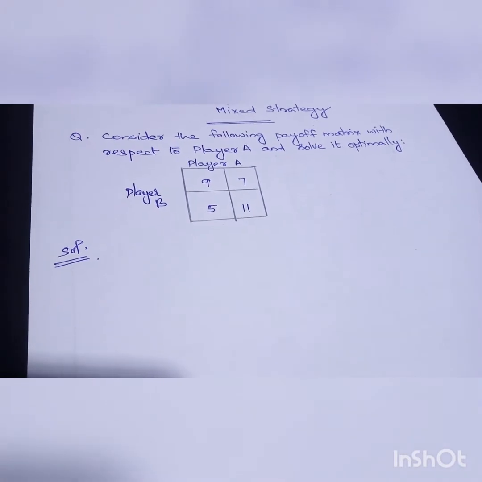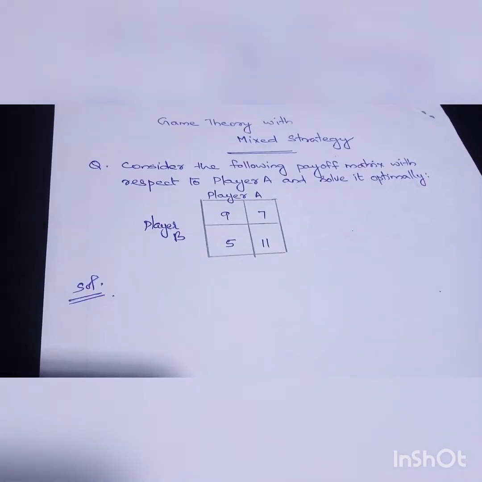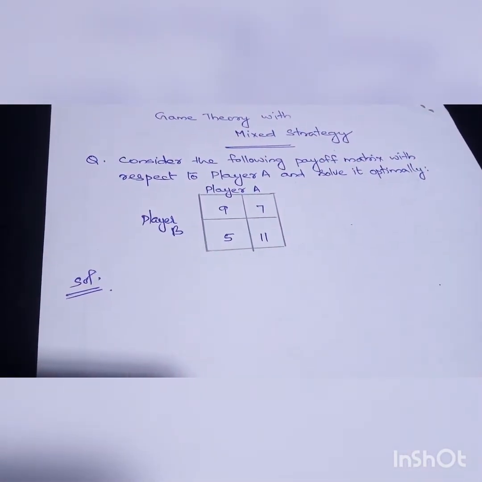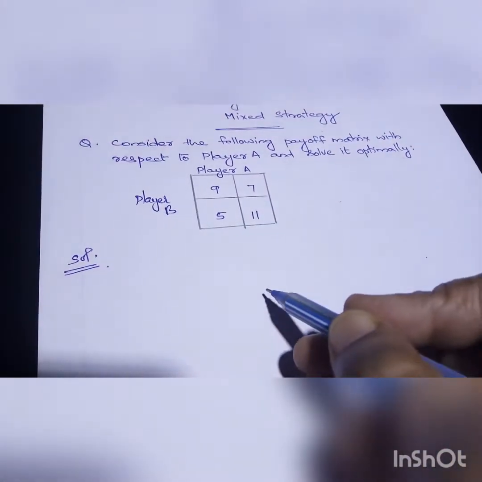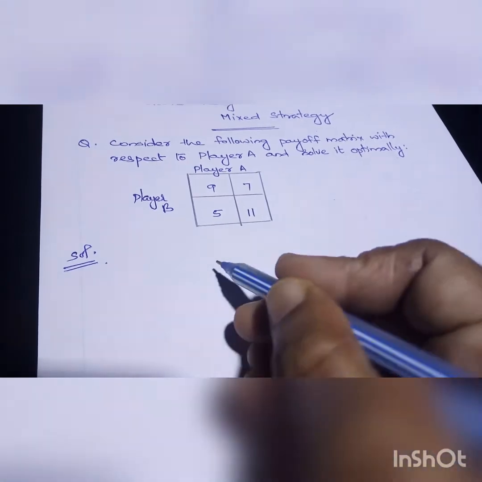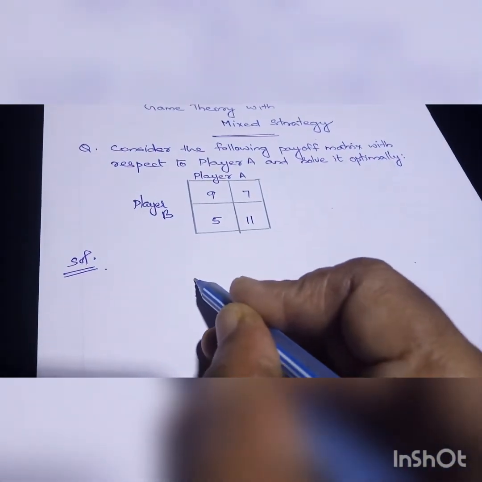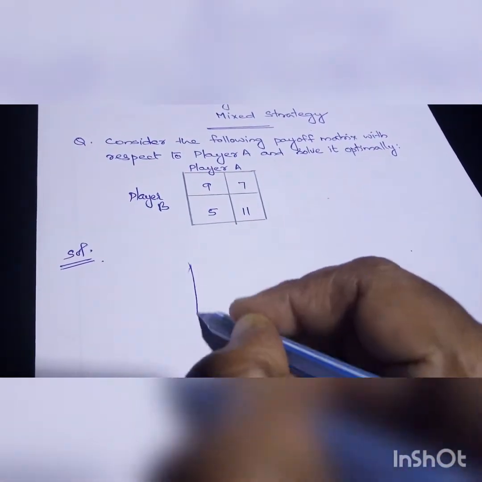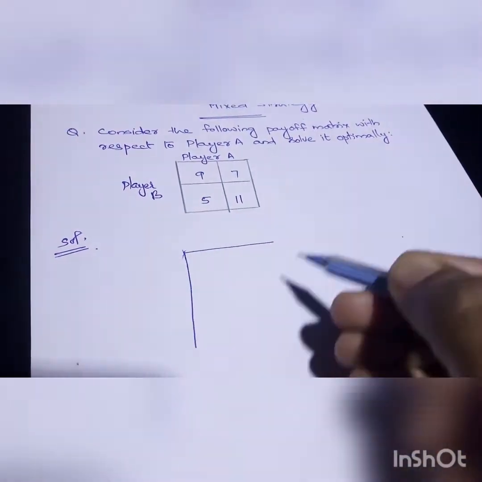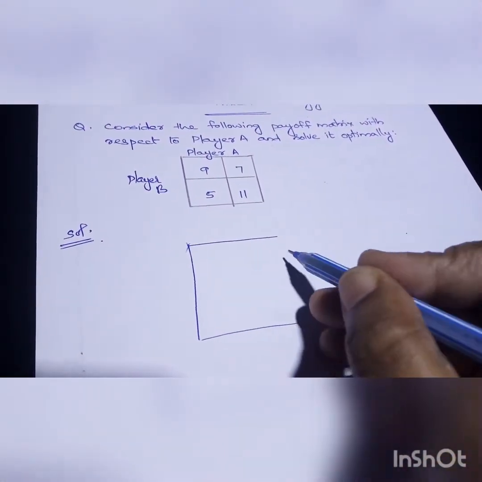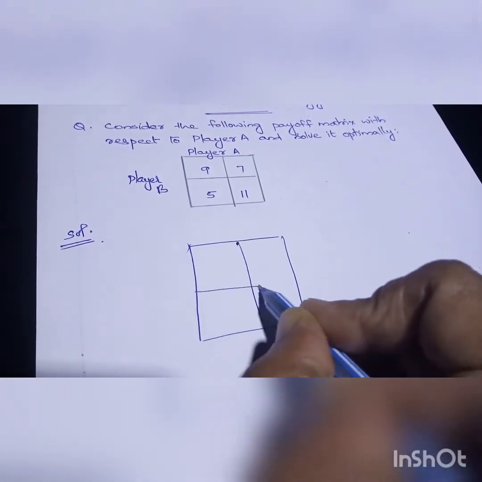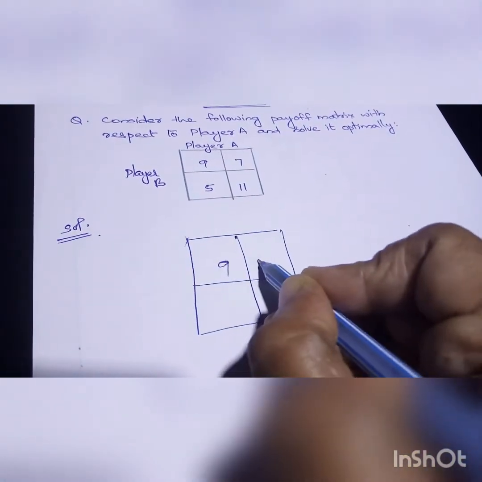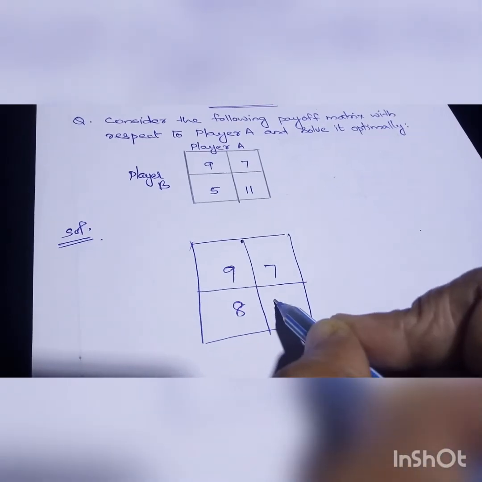First we have to find whether a saddle point is there or not for this particular problem. As we have seen in the last class, first I am going to find whether it has a saddle point. For that I am drawing the table once again: 9, 7, 5 and 11.